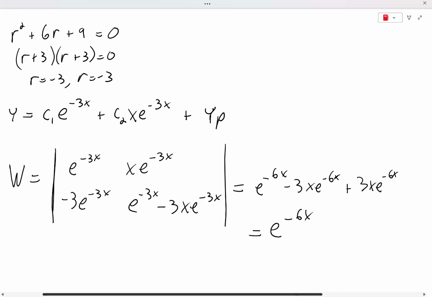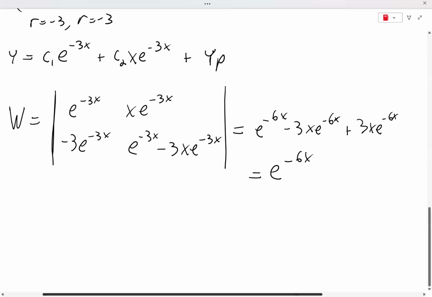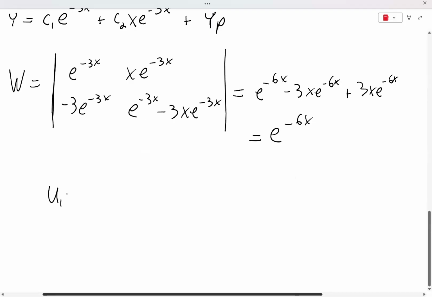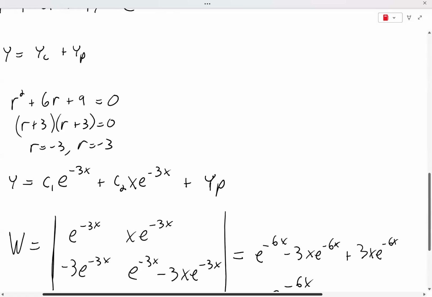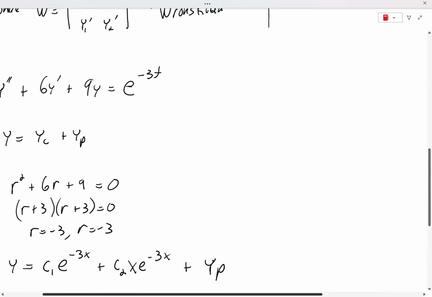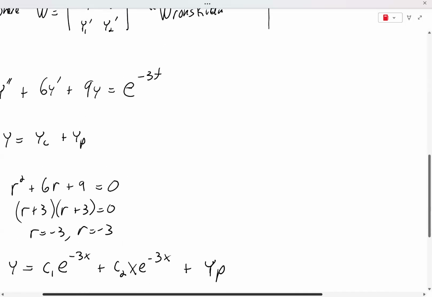Okay, so anything there so far? Okay. Now next up, u1 prime is equal to negative y2, which is this, so negative x e to the negative 3x, times f of x. And the f of x is the e to the negative, well, okay, I should be using, I have t's and x's.